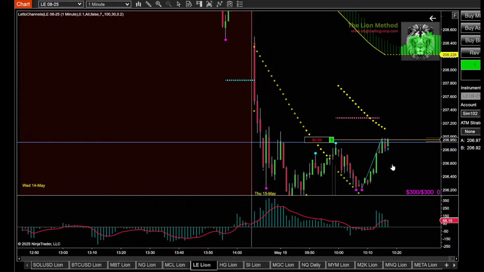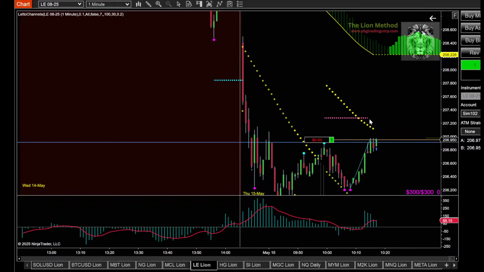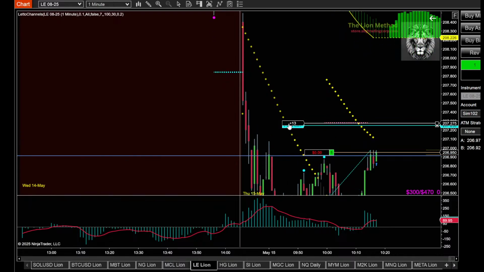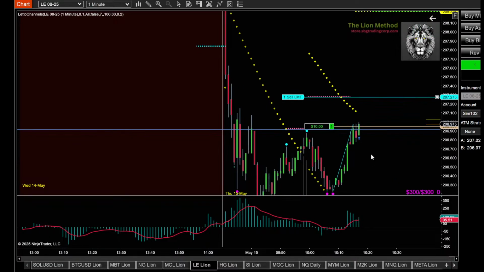We are long, and we're going to target that simple fib level and see if order flow continues to push us upward. Clear that down. Horizontal line.